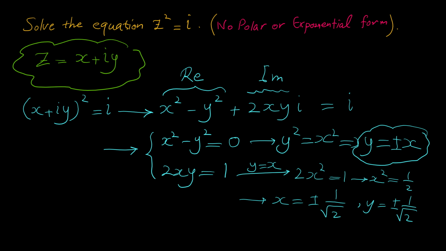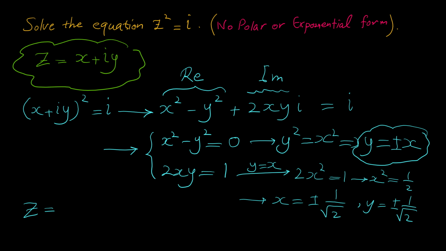So finally, the only solutions for z, which we were looking for at the beginning, are these solutions. z equals plus or minus 1 over radical 2 for x.